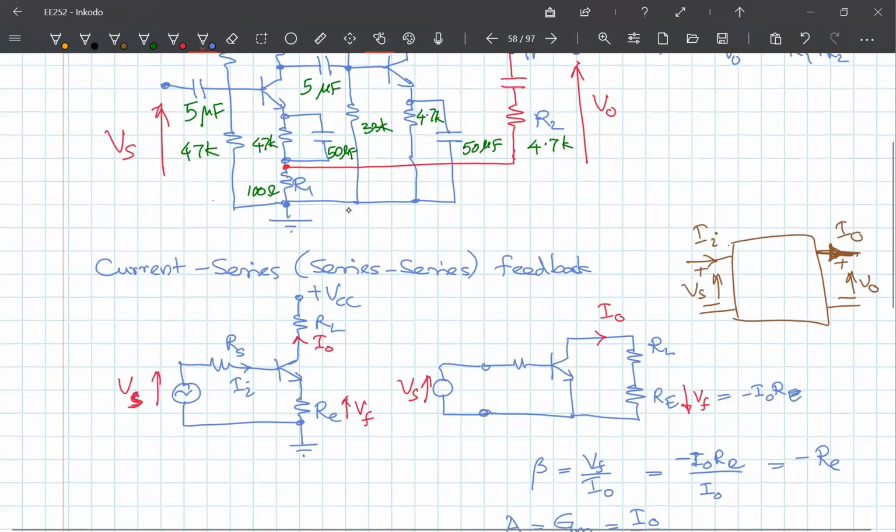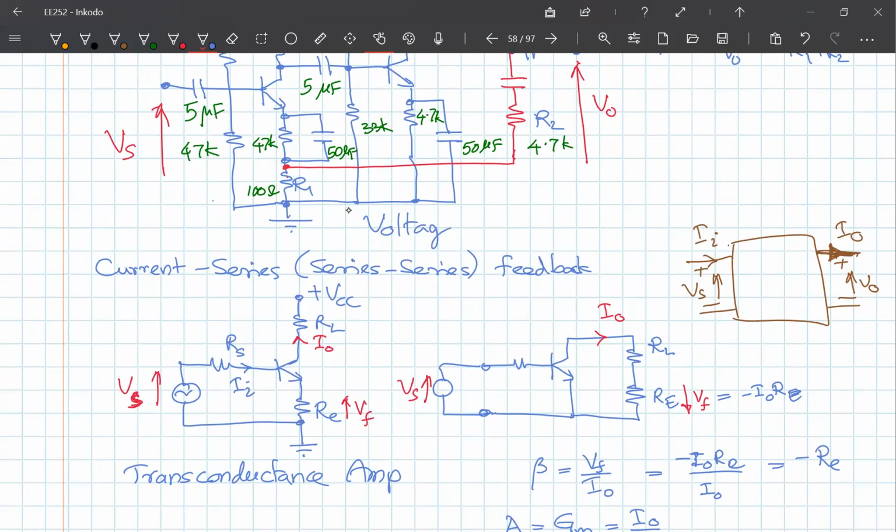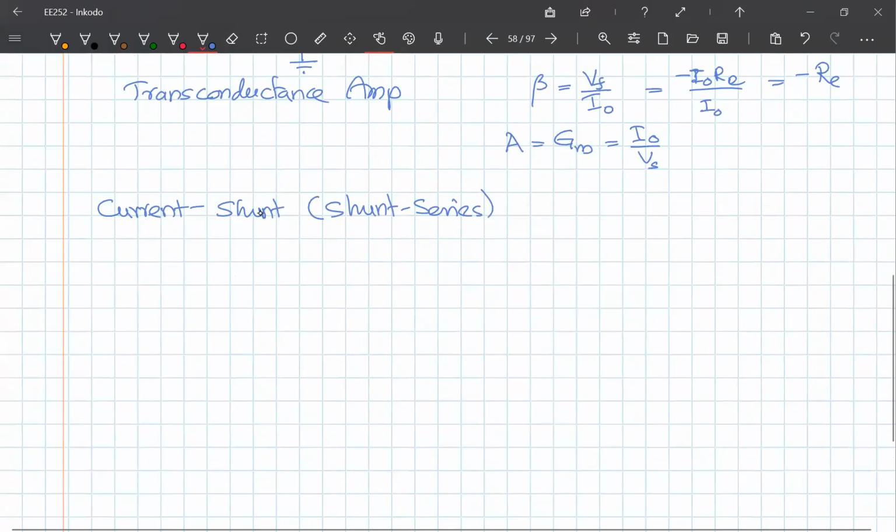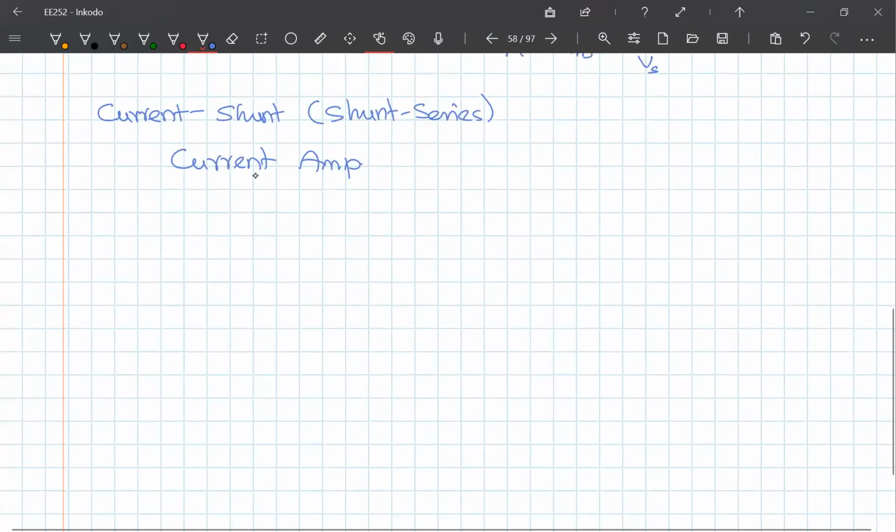So this one, current series, is a transconductance amplifier. The previous one is a voltage amplifier. So the third one we are going to have is a current shunt. So the shunt feedback, what you have is a current amplifier. Input and output are current. So now I am going to do it like this.